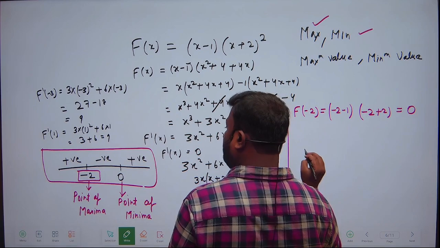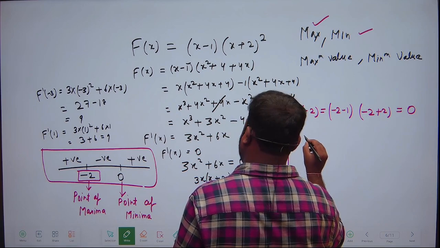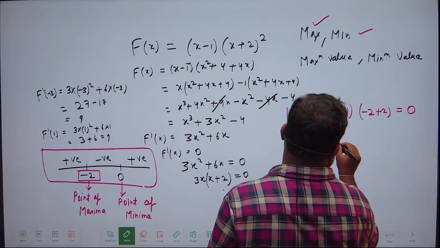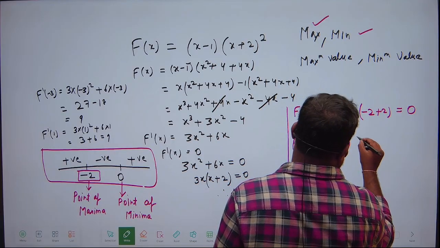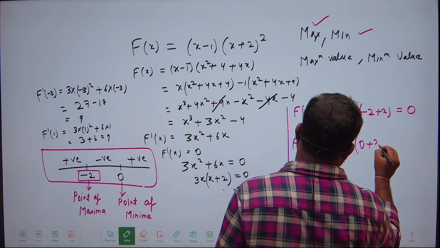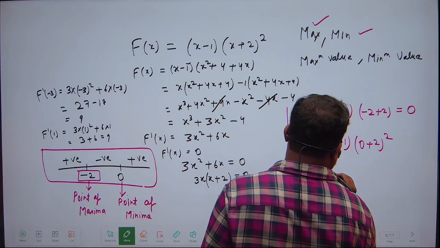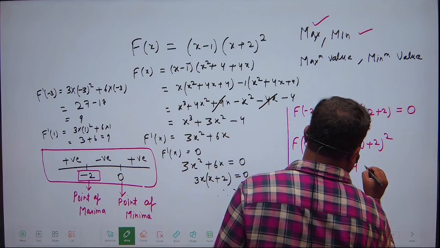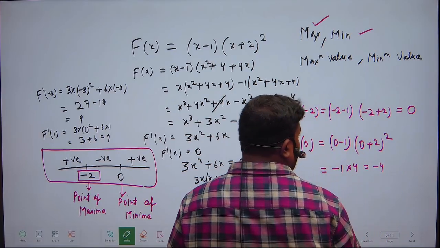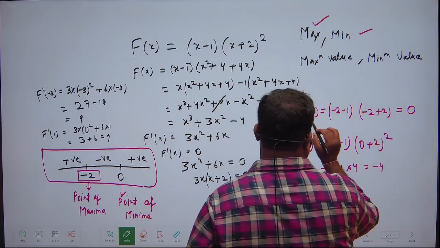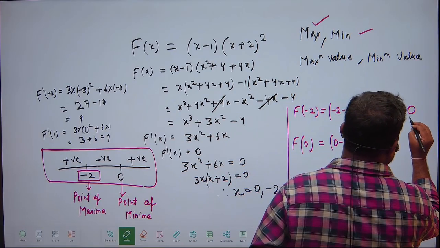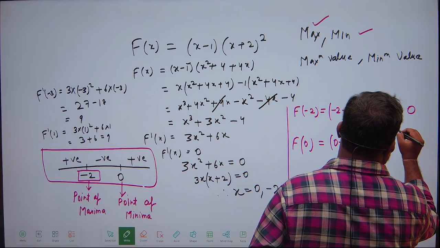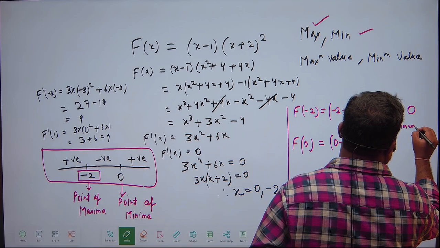Okay. And when you put the value f of 0, that is equal to 0 minus 1 times 0 plus 2 squared. This is -1 times 4, that is equal to -4. Now it means at x equal to -2, the value is 0. This is the maximum value. This value is known as the maximum value.